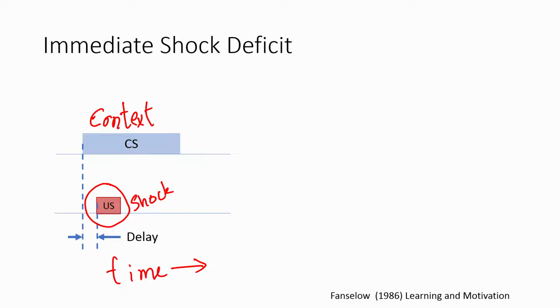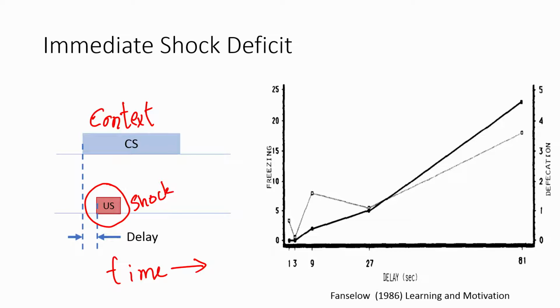If it expresses fear, we interpret that as a context-shock association having been formed. If it does not, then we say the context-shock association is not formed, and that is really the reason why the animal is not freezing, thereby not expressing any fear. So, he did that in multiple groups, each group given different delays.